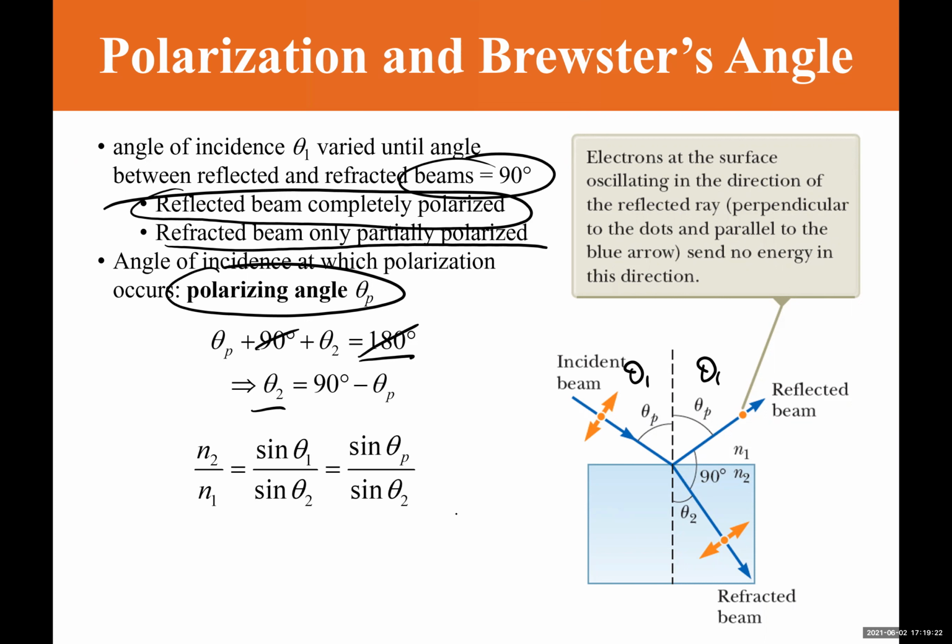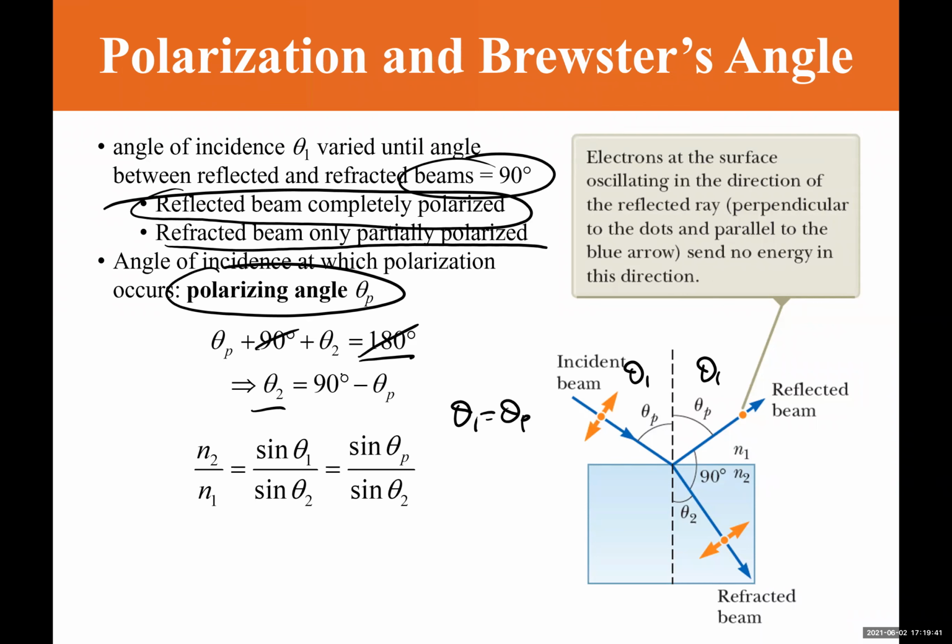Okay. Then we put this into Snell's law, n2 over n1 equals sine of theta 1 over sine of theta 2, where theta 1 is equal to theta p. So that becomes sine of theta p divided by sine of theta 2.